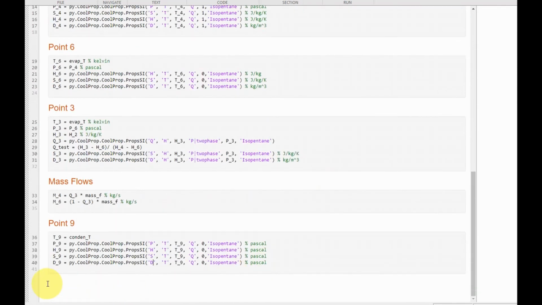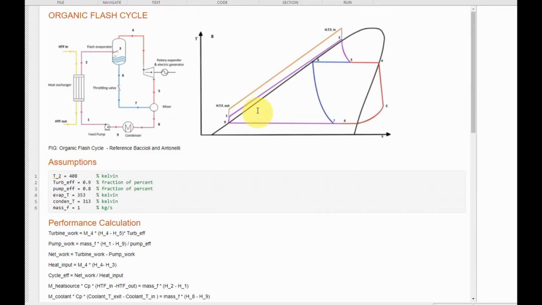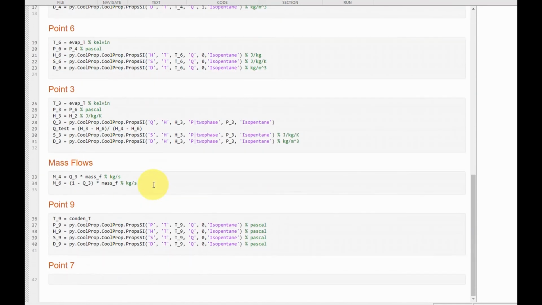So let's go to point 7. Like I said previously, the enthalpy at point 6 is equal to the enthalpy at point 7. So we could specify that here: H at 7 is equal to H at 6. Again, we are missing our units here.